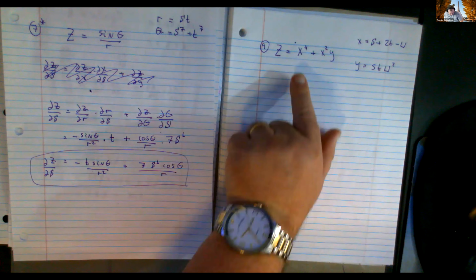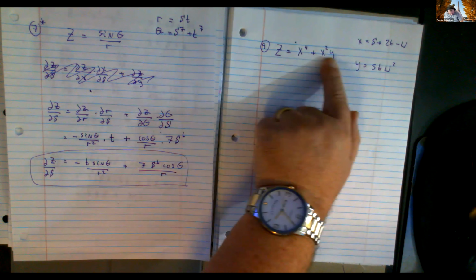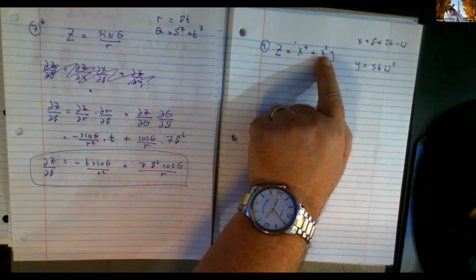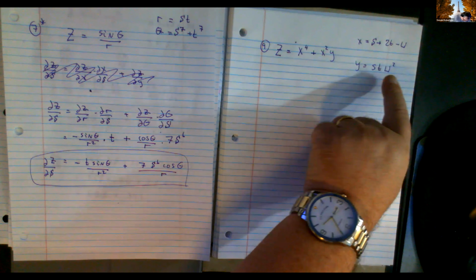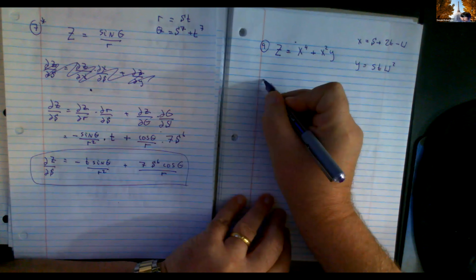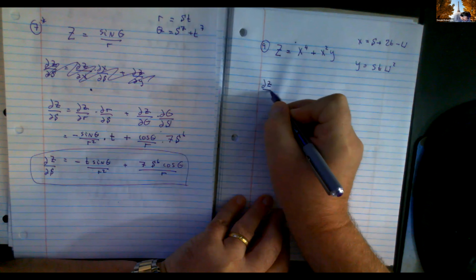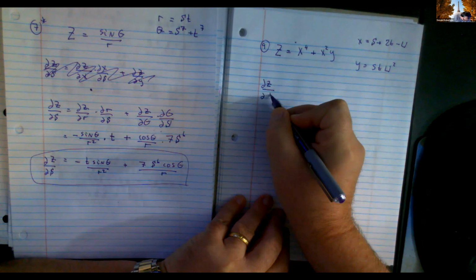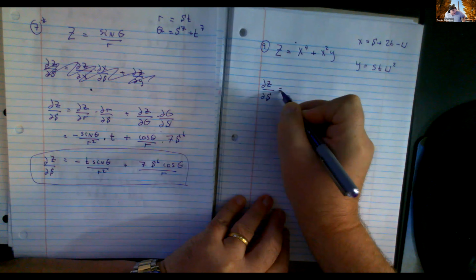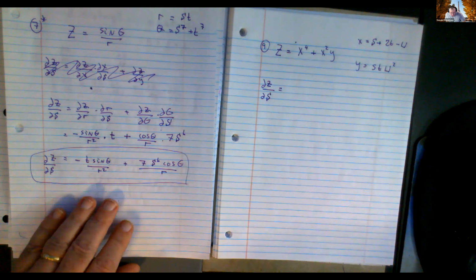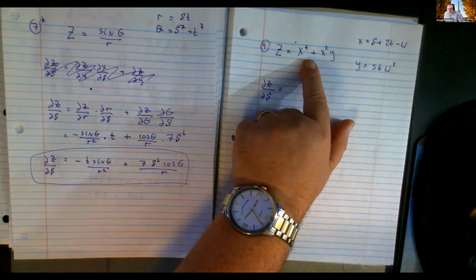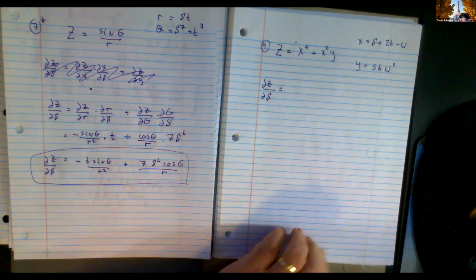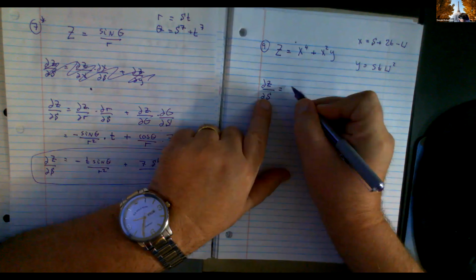So z is a function of 2 variables, x and y, but x and y are themselves functions of 3 variables. Okay. We need to create the chain rule formula for this combination of variables. Now, dz by ds is what we're being asked.